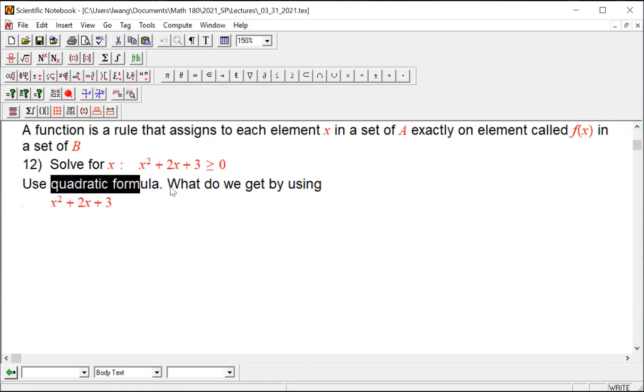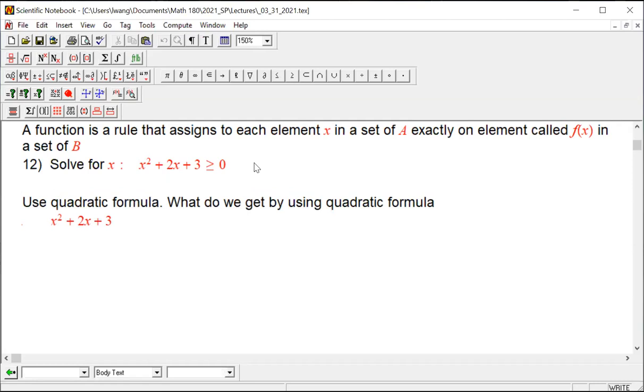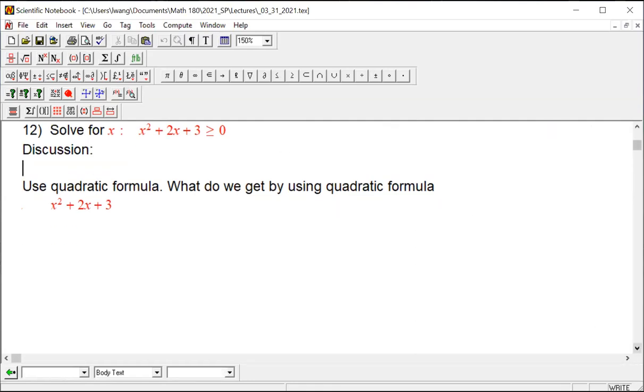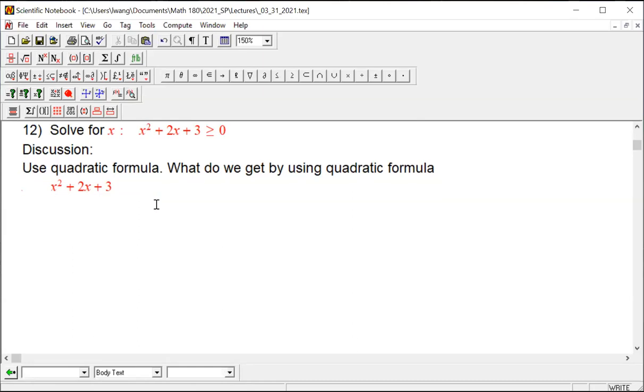What does a quadratic formula give you? Okay, Cortland says the x-intercepts. Perfect answer. Yes. The quadratic formula is to solve a quadratic equation.